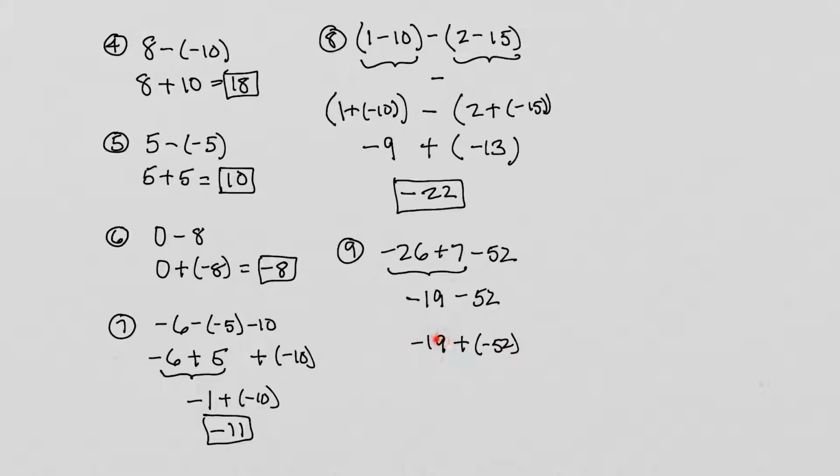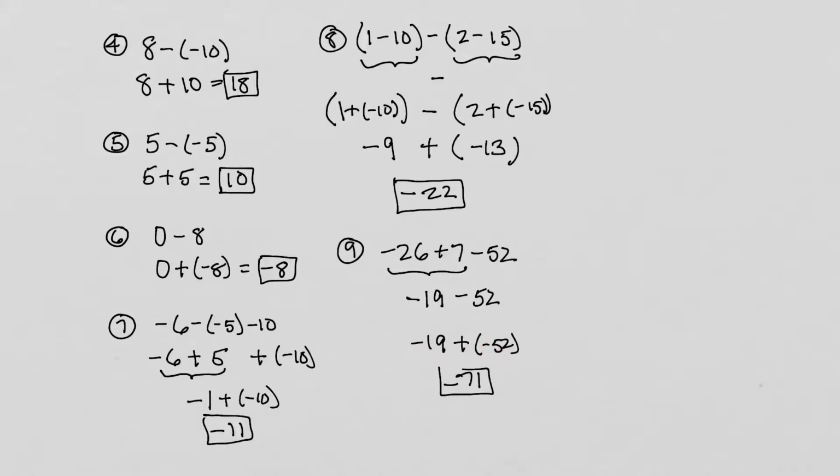Absolute value here is 19, absolute value here is 52. So we add those absolute values together, 19 and 52. Well, if this was 20, it'd be 20 and 52 is 72, but back it off one, it's going to be 71. The common sign here is that negative sign, so we're going to put that with our 71.